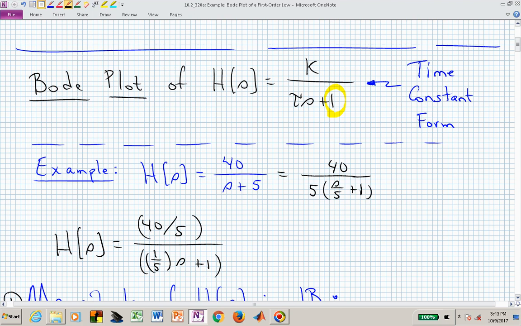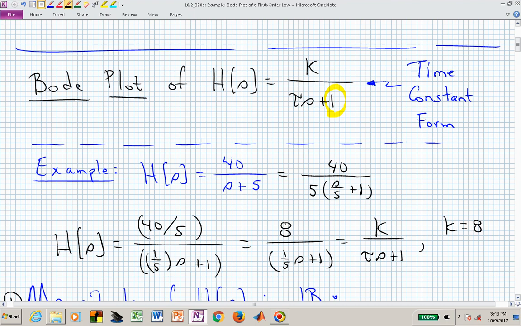We haven't done anything that magical, but now we have this transfer function that is 8 over 1/5 s plus 1. Well, this is now K over tau s plus 1, where K is equal to 8.